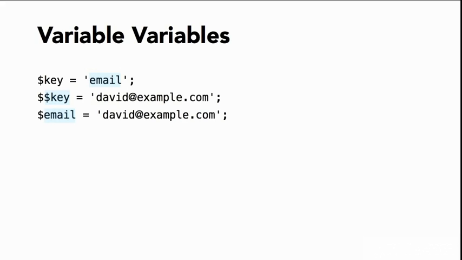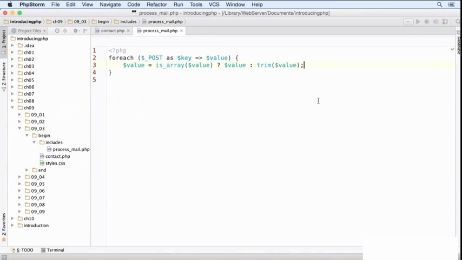So with that explanation out of the way, let's get back to the code. So we're looping through the post array, accessing both the key and the value of each array element. We've also trimmed leading and trailing white space from string values. So what we need to do is to find out if the value is empty and if the key is in the required array. So we'll do that with a conditional statement.